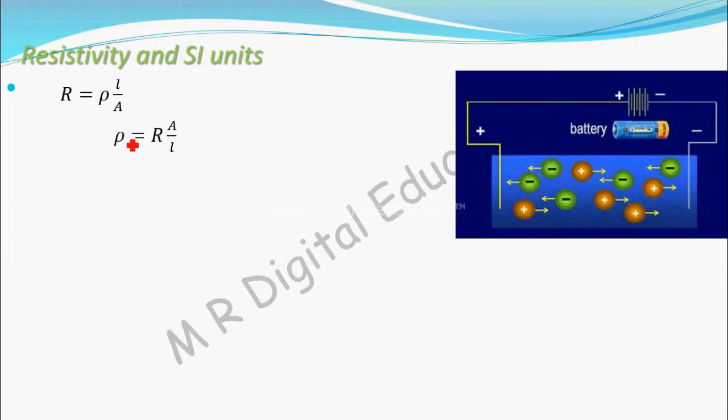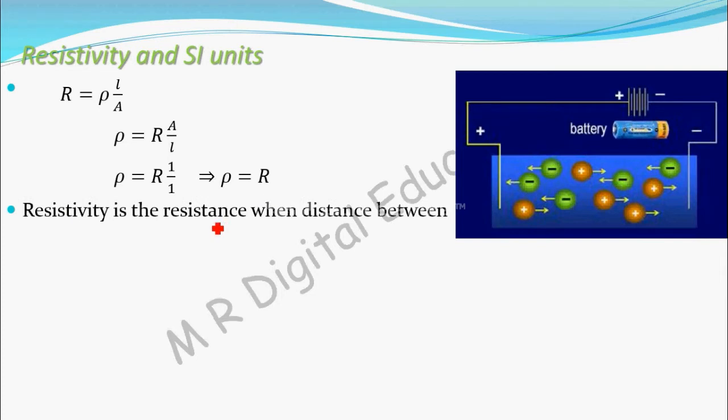You know this, R equals rho into L by A. So rho equals, take this A this side and L this side, so rho equals R into A by L. So this resistivity is nothing but the resistance when area and length are equal to 1. So resistivity equals resistance only. So what is this?